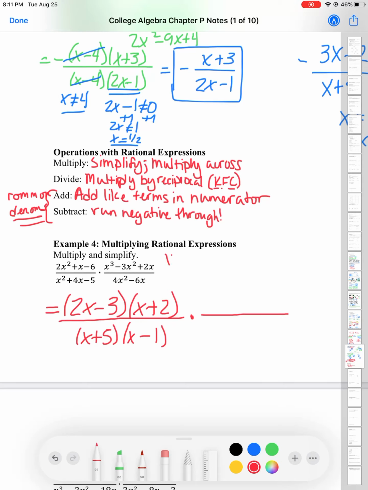My second numerator, first I have to pull out an x, and I get x squared minus 3x plus 2. And then I can use the X method to factor this piece. So x minus 2 times x minus 1.